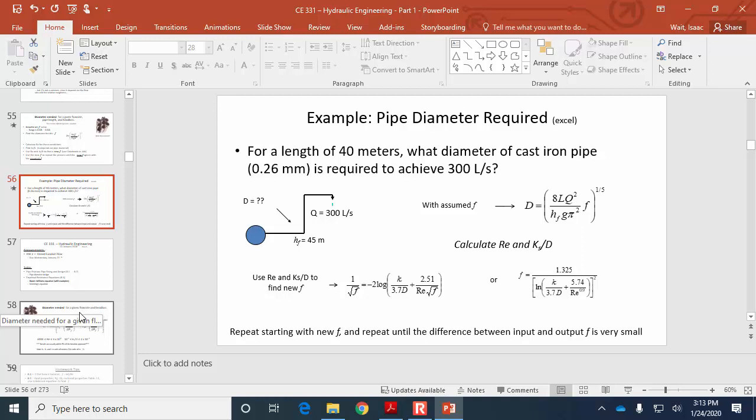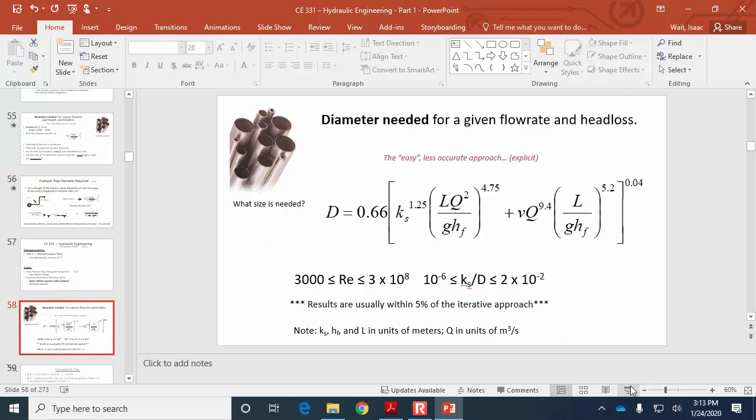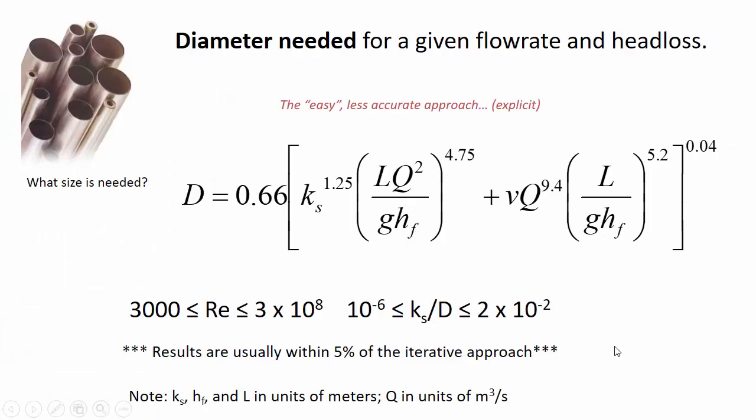But it's iterative. What's not as accurate, and what's in theory you could say is easier because it's not iterative, is to use this empirical equation. Now it's not valid for the same range of values as the other approach is, because what they've done here is they've built in elements of the Swamee-Jain equation to estimate the f value so that you don't have to guess.